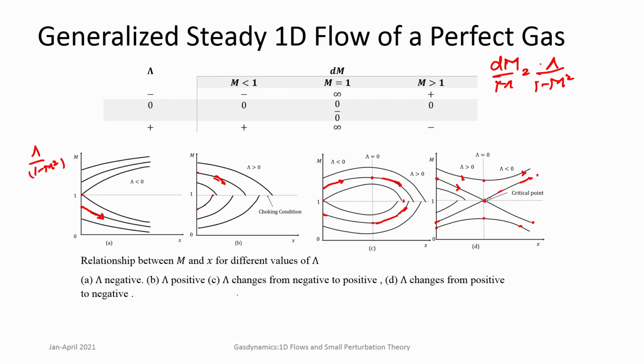So you can see that these different curves for different cases of lambda have the elements of various aspects that we have already discussed separately in different cases, whether it be variable area ducts or Fano flow or Rayleigh flow. When you have combinations of them, you have to look at lambda where you have a complete combination.